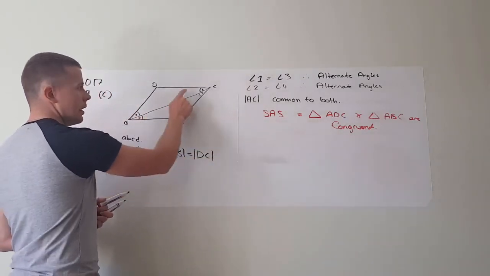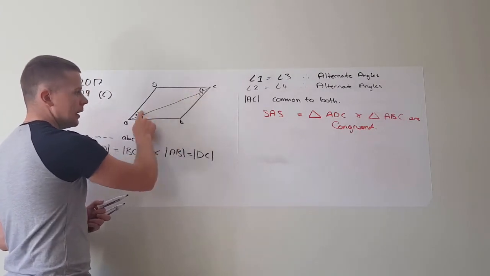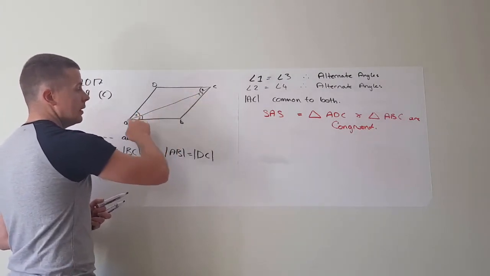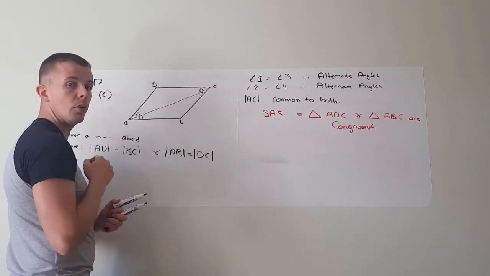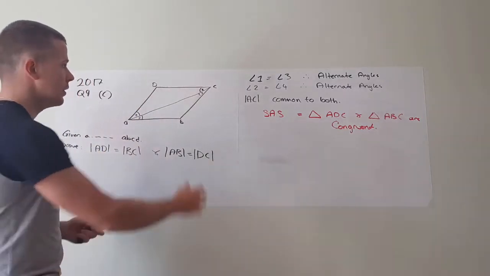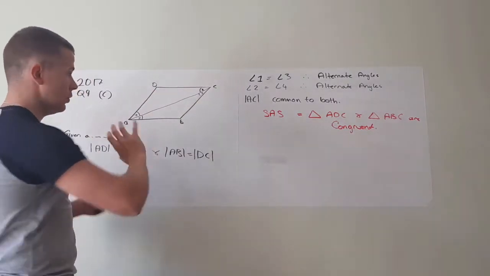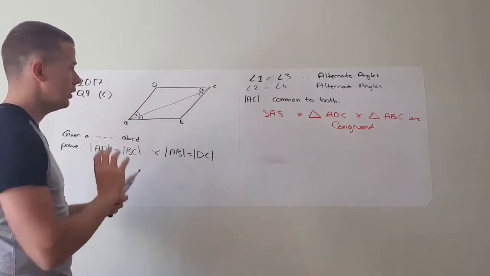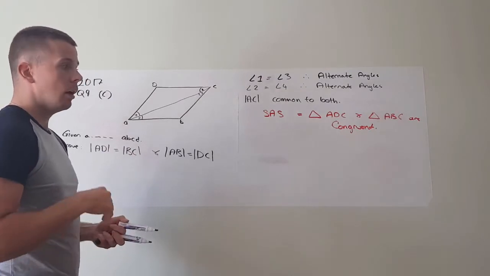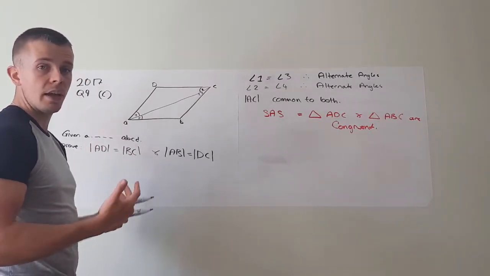So this angle and that angle are equal, this angle and this angle are equal, and this is a common side between both of your triangles. So we have now proved that this triangle and this triangle are congruent, or basically are the same, just a different way of drawing it. So that is our proof.